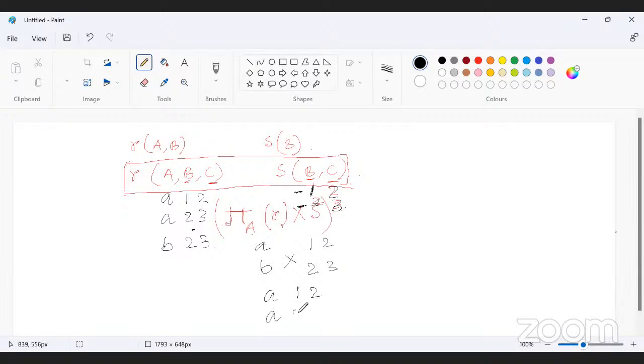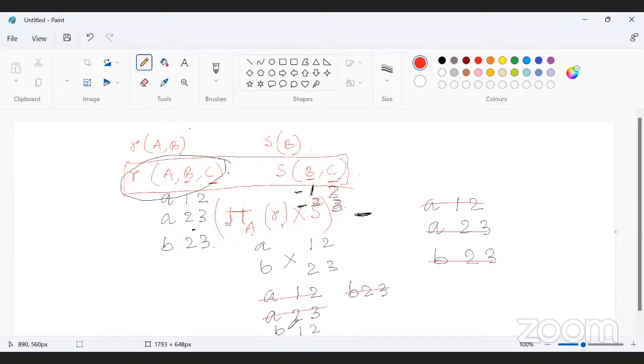Then you have to subtract this whole thing from the values present in R, as in the next expression given in the slide. Whatever values are present in R, A 1, 2, A 2, 3, and B 2, 3, you subtract them. So the common values cancel out: A 1, 2 and A 2, 3 cancel out, and B 2, 3 also cancels out.